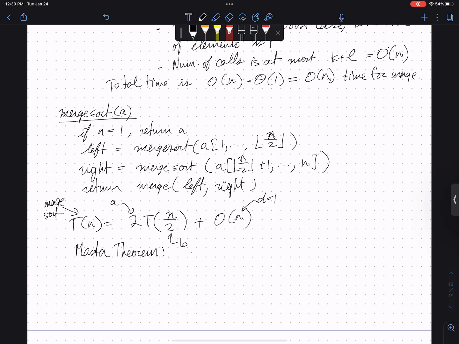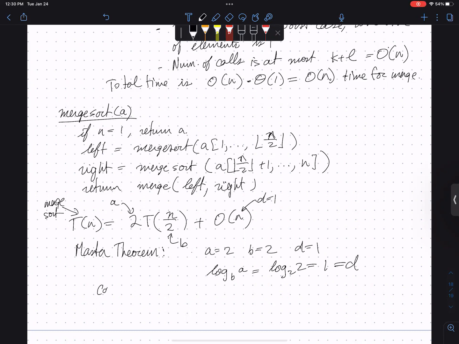You have A equals 2, B equals 2, and D equals 1. Now remember, we check log base B of A, which is log base 2 of 2, which is 1, which is equal to D.